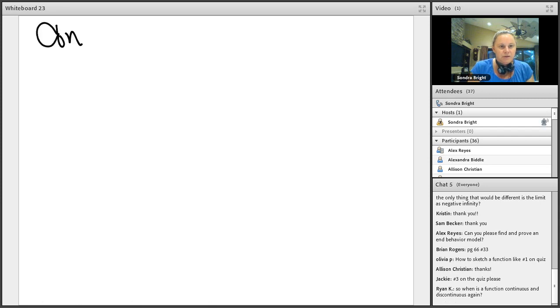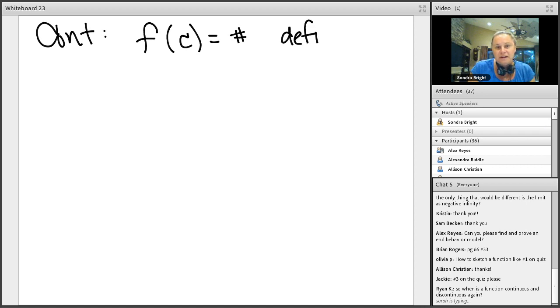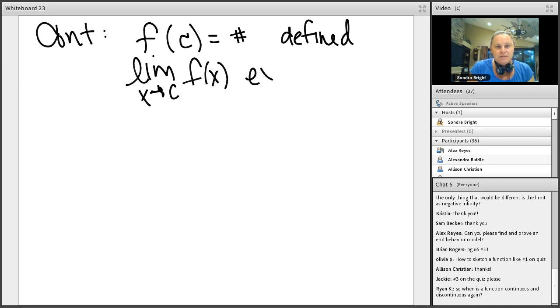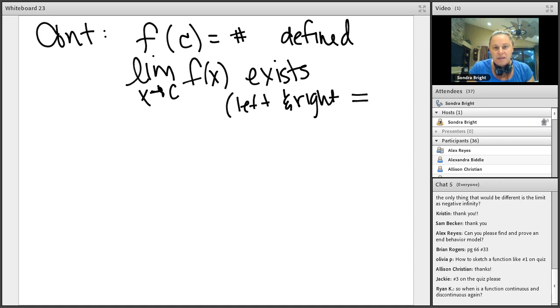Okay, so to be continuous, you need f of c to be equal to some number, which means that the function is defined there. And then you need the limit as x approaches c of f of x to exist, and for the limit to exist, that means that the left and right limits are equal.